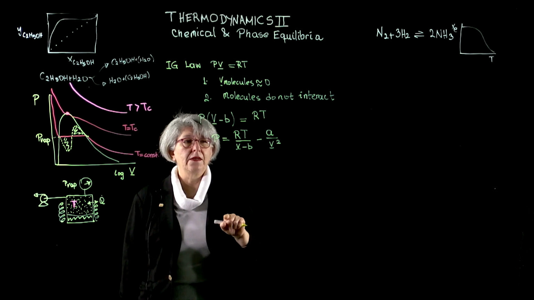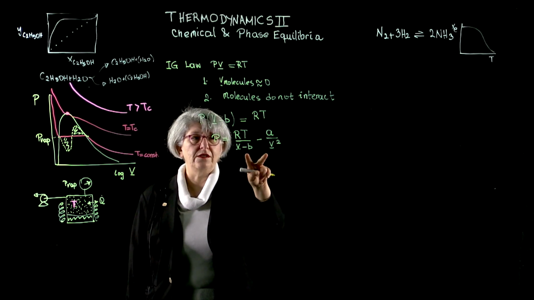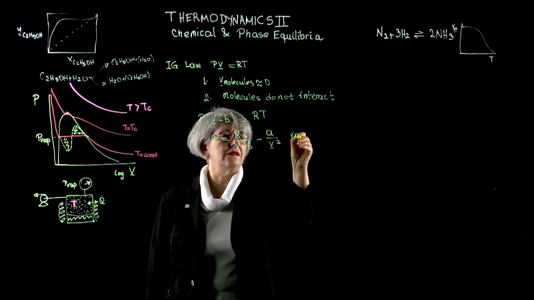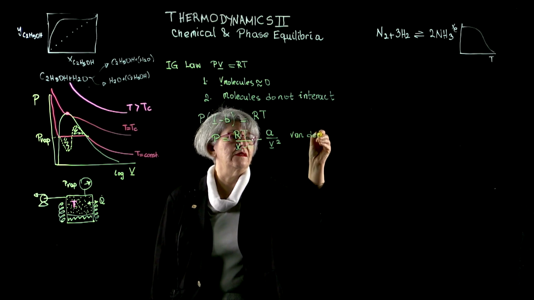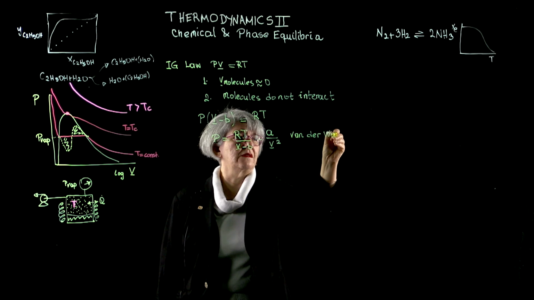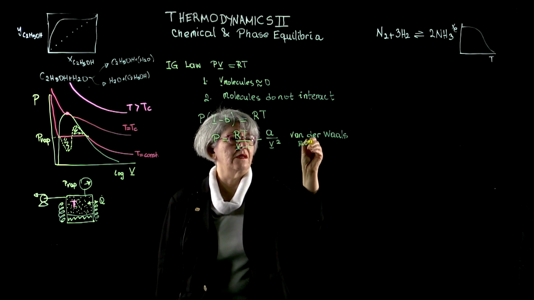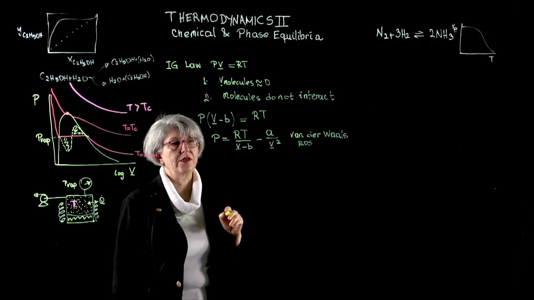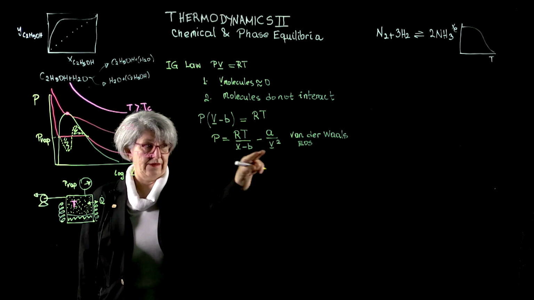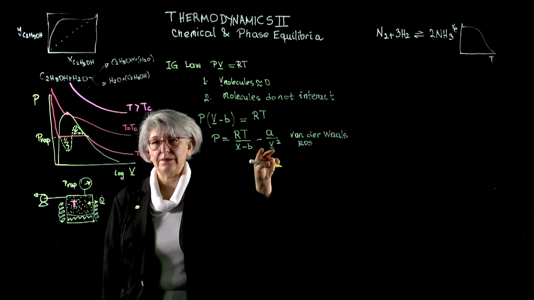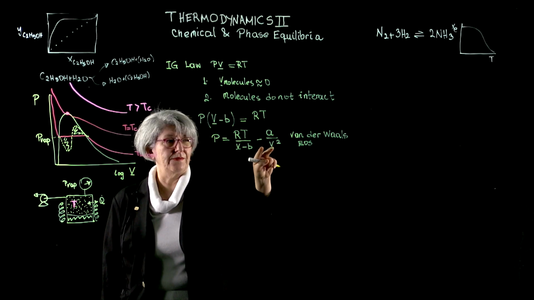All right? So this equation is called van der Waals equation of state. And the van der Waals equation of state, when you equate the denominators, it's a cubic equation of state.